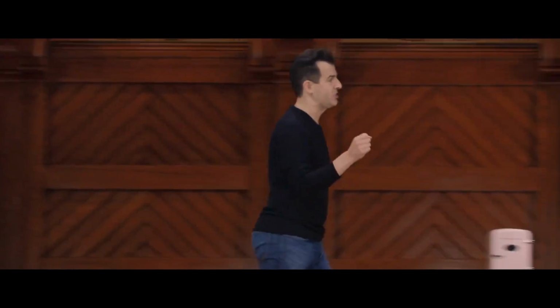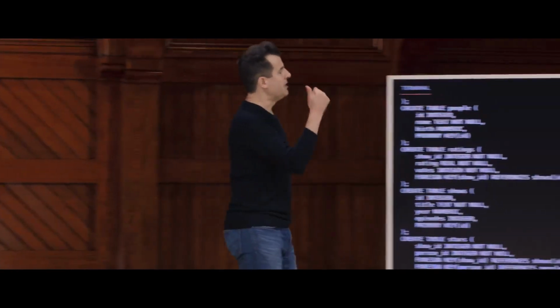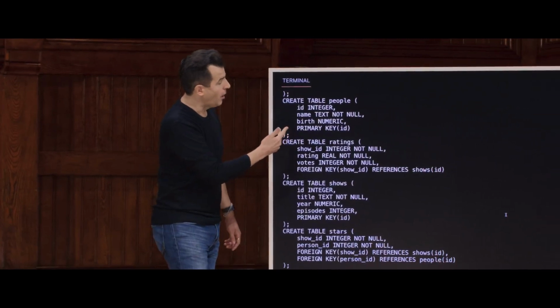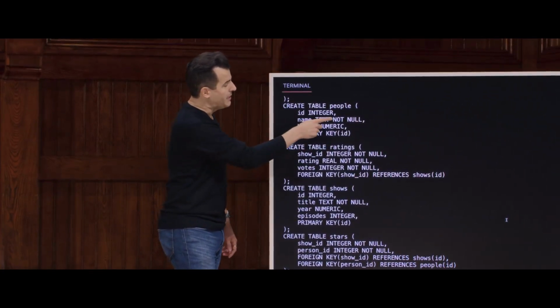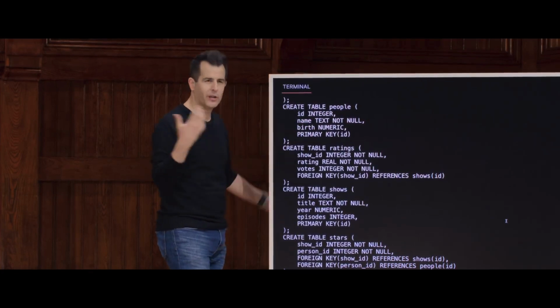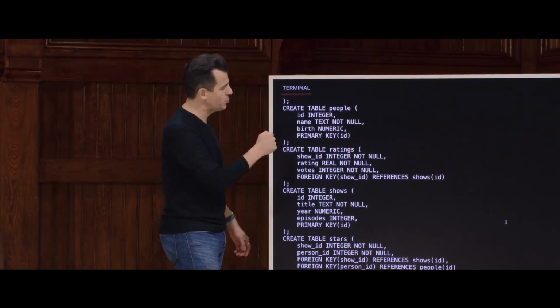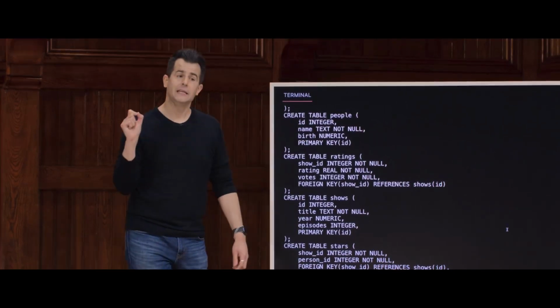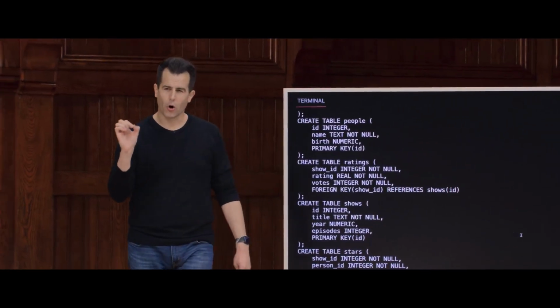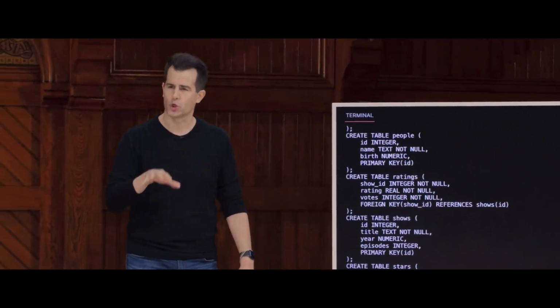If I scroll back up to people, people were similarly structured, but with different attributes. A person has an ID, a name, a birth year, and a primary key of ID. ID is, again, an integer. Name is text, but not null, because it'd be weird to have a human with absolutely no name. Birth is going to be numeric, but the primary key of people is ID as well. So those are the unique columns that the database will treat as special.